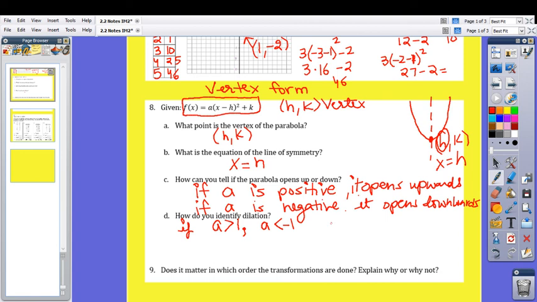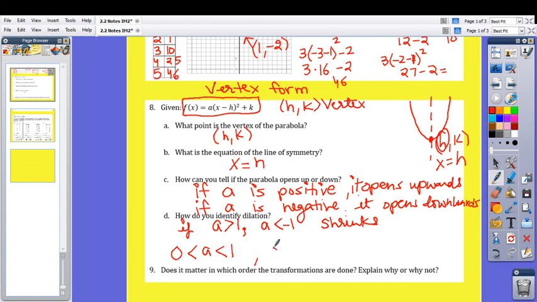In all those cases, it will be shrinking, and it will expand or stretch when a is between 0 and 1.